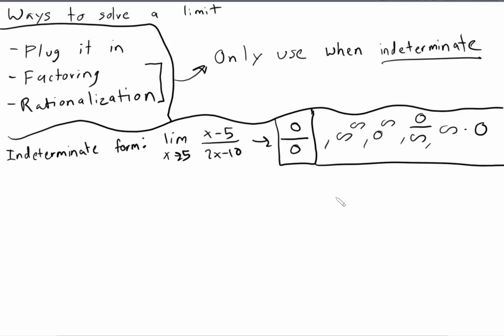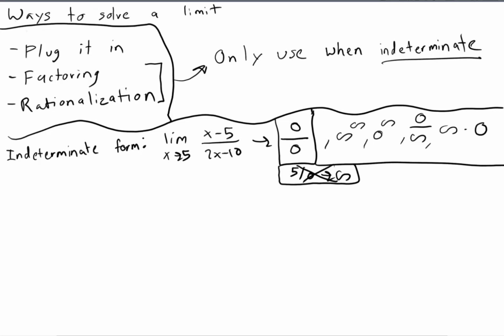Keep in mind, it's very important that a value like 5 divided by 0 is not indeterminate. This just approaches some incredibly large value which you quantify to be infinity. Whenever you see a value like this, do not use factoring and rationalizing to try to simplify that limit, because that will get you a wrong answer.